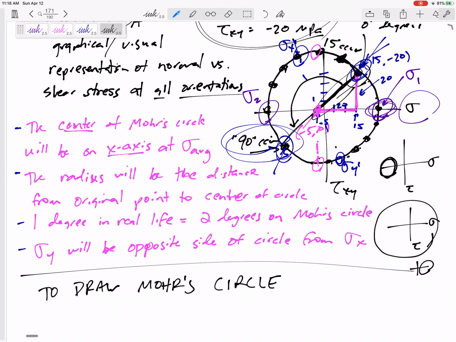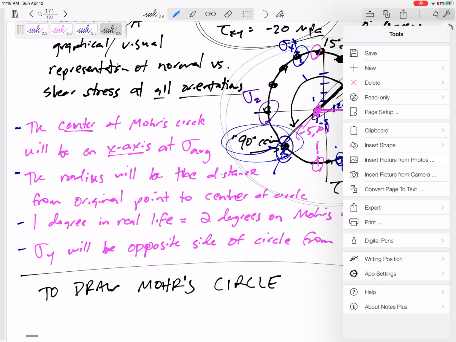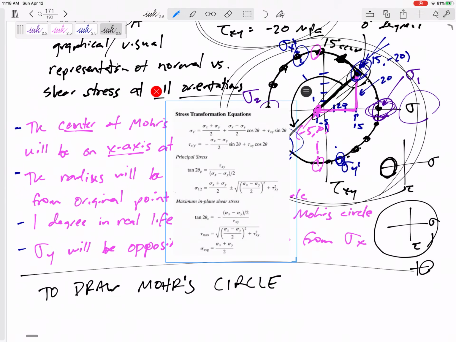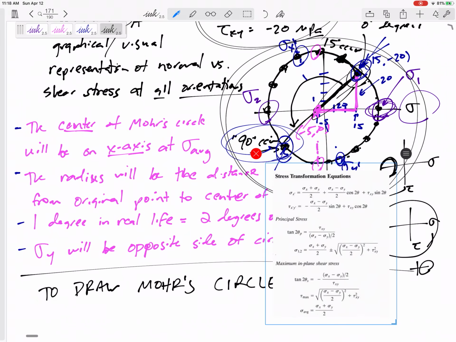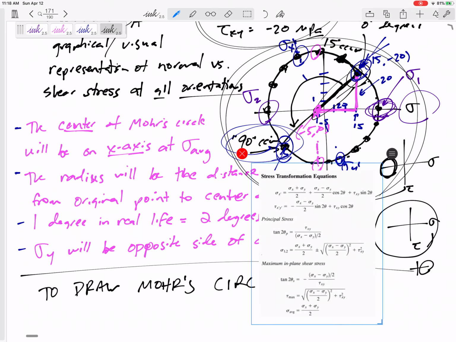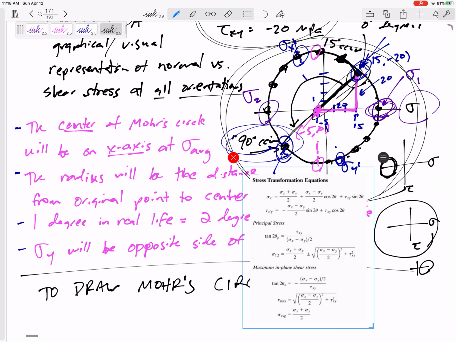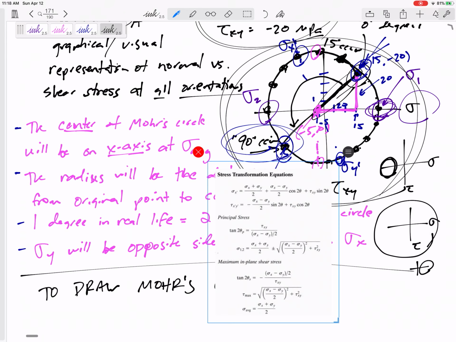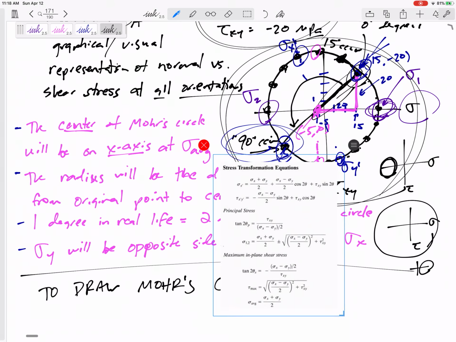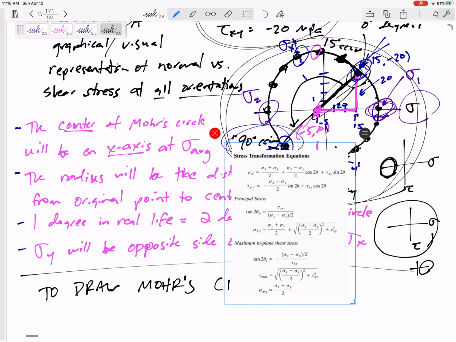We're drawing this because then we can use Mohr Circle instead of all of these equations, because all of these equations are hidden inside of Mohr Circle. We're not going to have to memorize these equations. We're not going to have to use these really complicated equations, because we're going to be able to use Mohr Circle, and everything we know about circles and triangles and base height, radius, we can use those instead of our stress transformation equations. It'd be really cool.